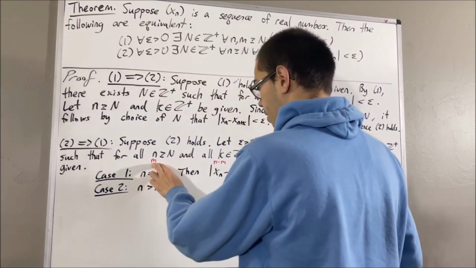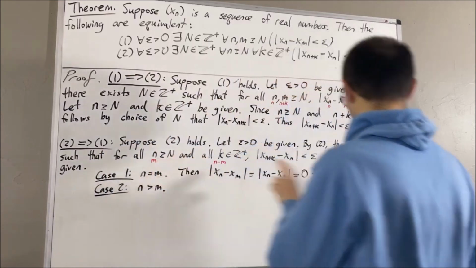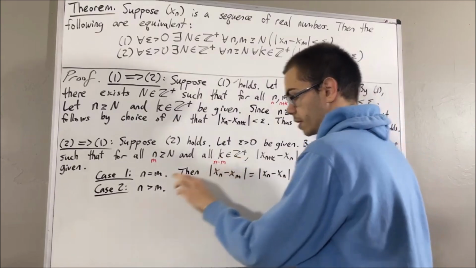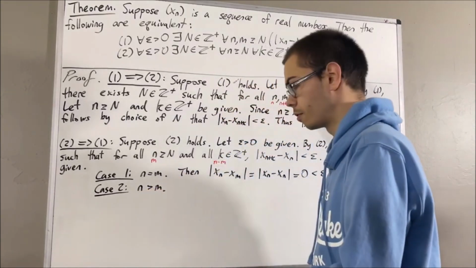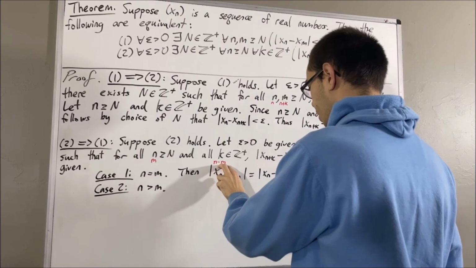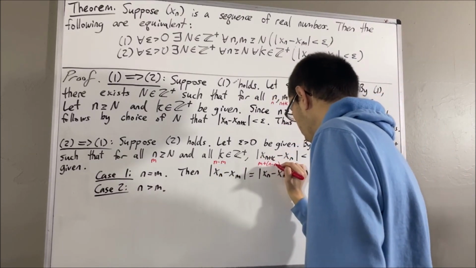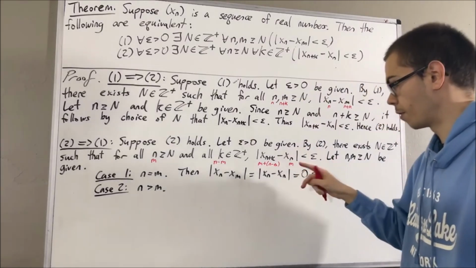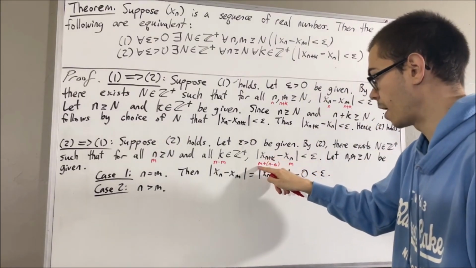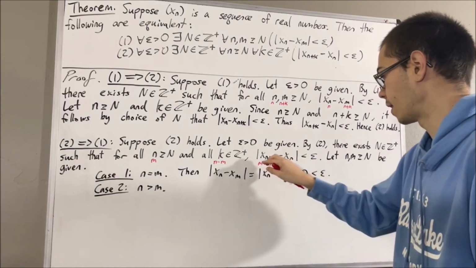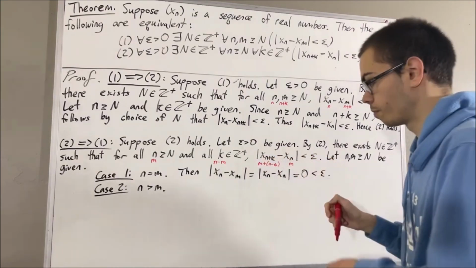We know m is greater than or equal to capital N. That's what we have here. And we know that n minus m is a positive integer since n is greater than m. So with these two substitutions, this essentially becomes this. Right? We've substituted m for n and k for n minus m. We get that this inequality is true.